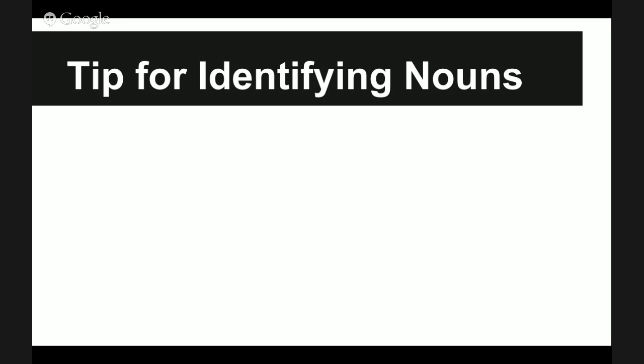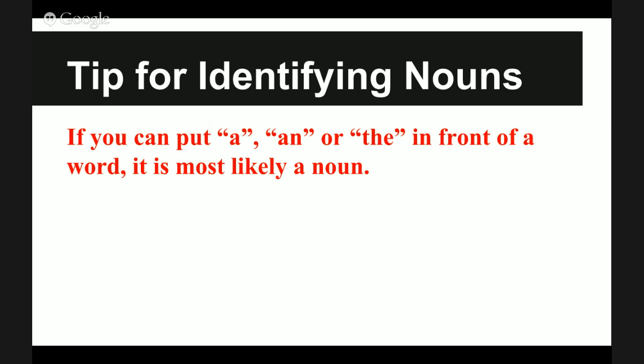So a tip for identifying nouns, and this is particular with gerunds, but also just any noun. If you can put a, an, or the, those are parts of speech that are known as articles, in front of a word and it still makes sense, or it still sounds right or feels right, then it is most likely a noun.